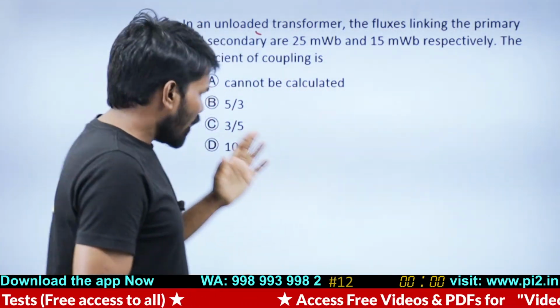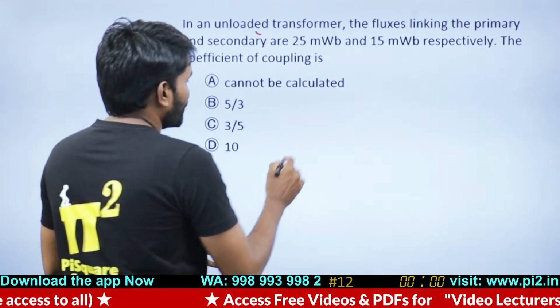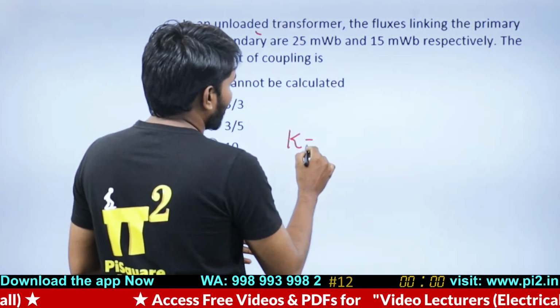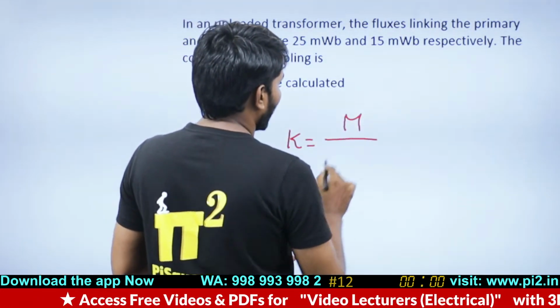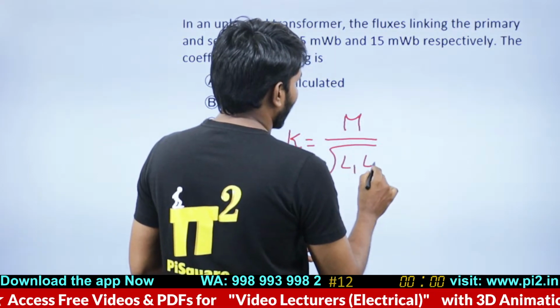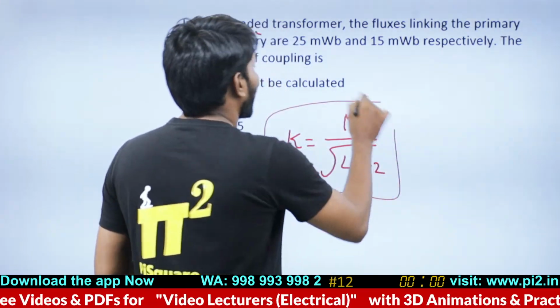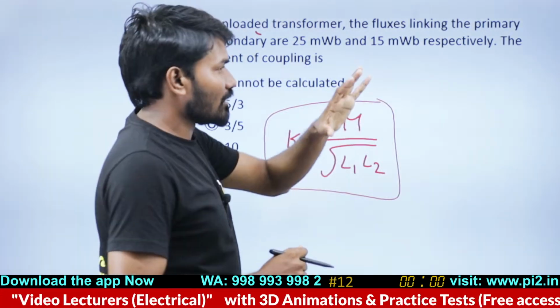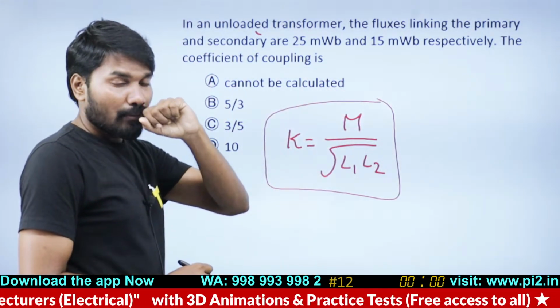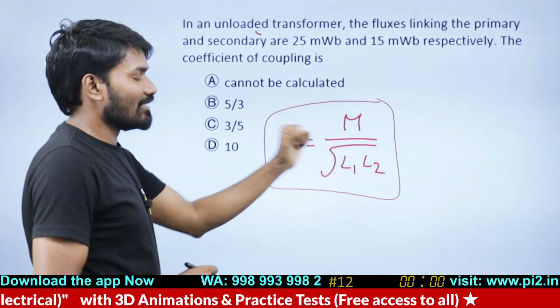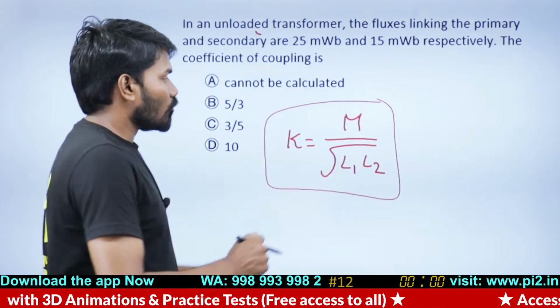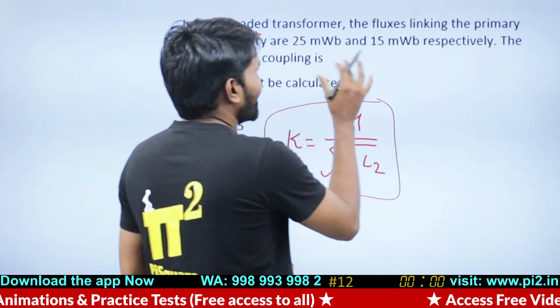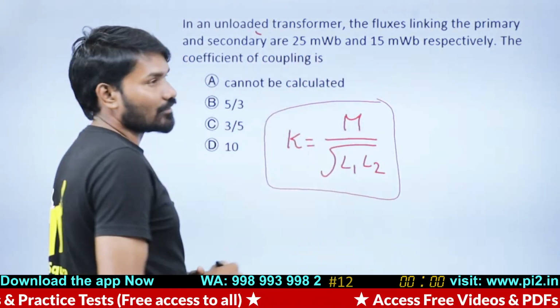Just answer it. Of course, some people are saying, sir, we know K, the coefficient of coupling, is equal to M divided by root L1 L2. This is a well-known formula. Unless you know L1, L2, M, you cannot answer it, that's what you are feeling. But my point is, you can still answer it because the coefficient of coupling can be obtained through fluxes.